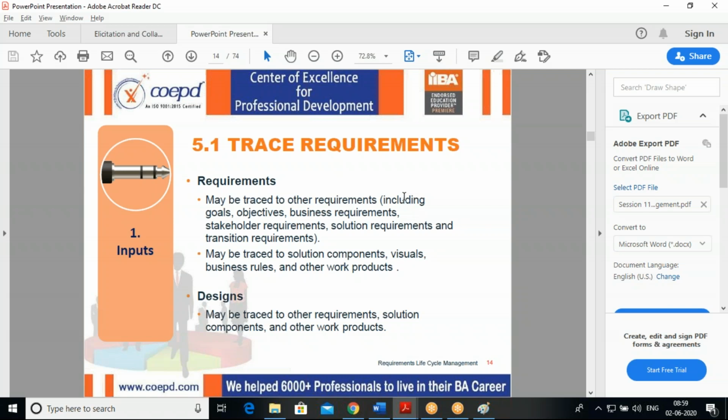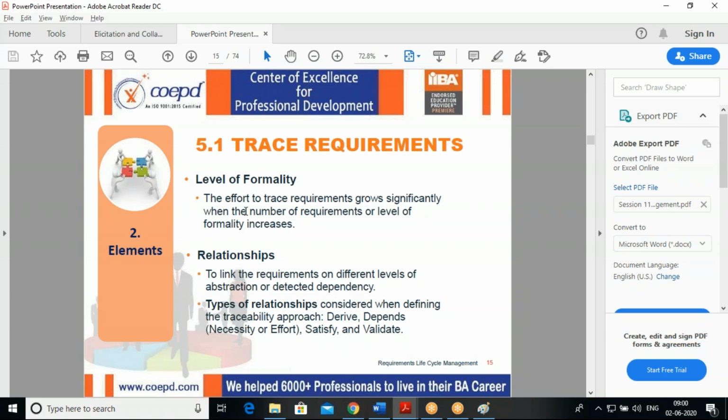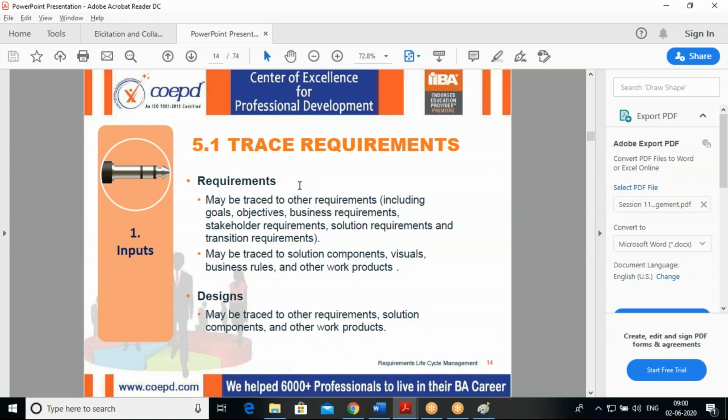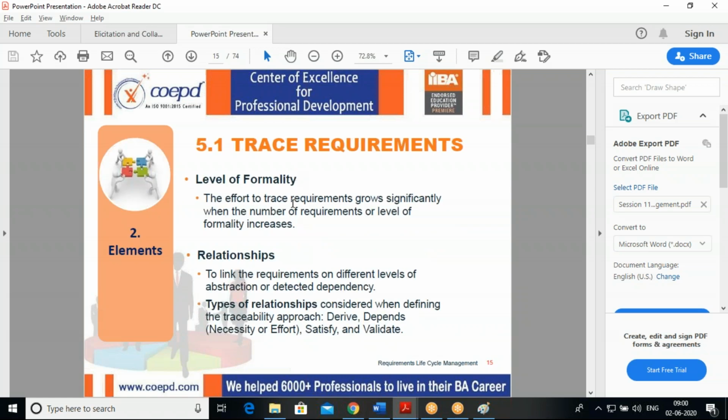Inputs, they may give it in this way. And then the elements, number one, level of formality. The effort to trace requirements signals when the number of requirements or the level of formality increases.